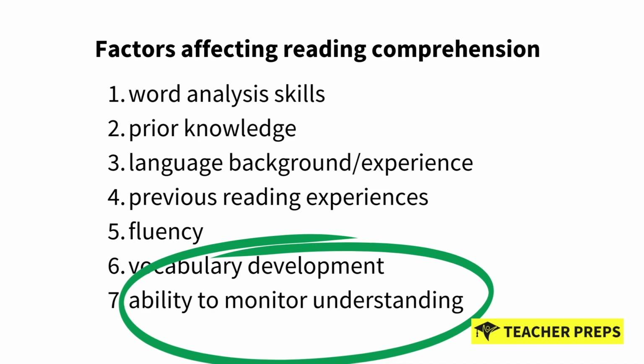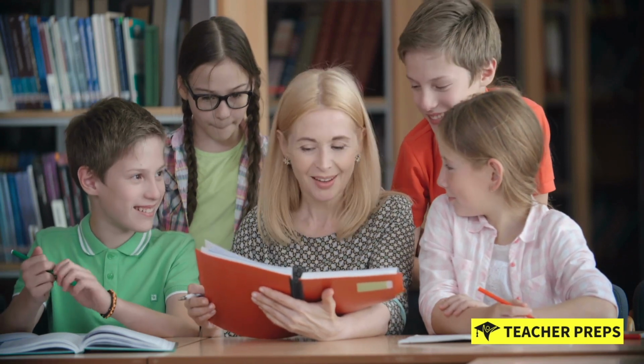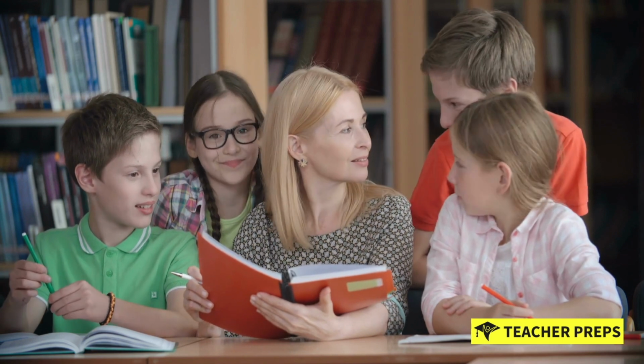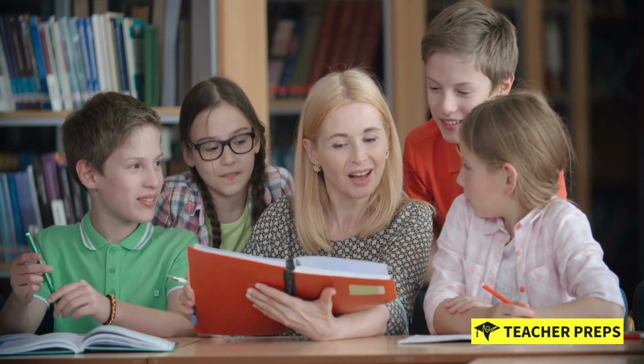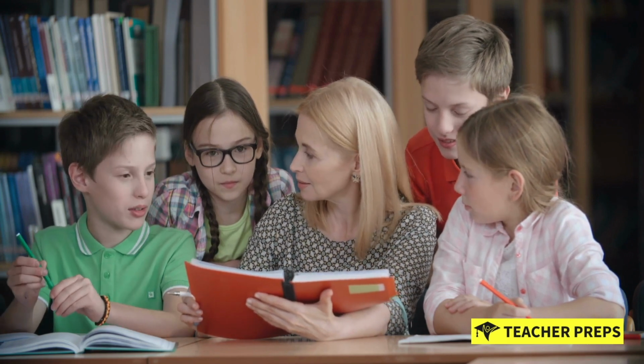Here we go. The 7th factor in affecting reading comprehension is the ability of the reader or student to monitor their own understanding. Teachers need to know how to teach students to recognize when they do not understand a portion of the text and employ strategies to clarify their own comprehension.